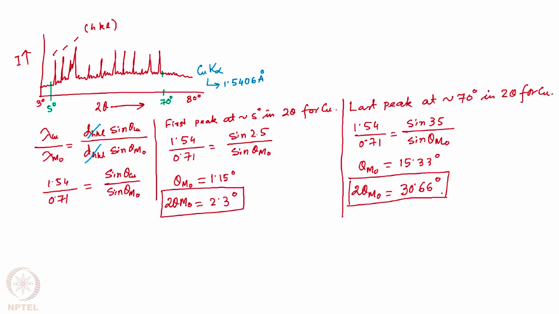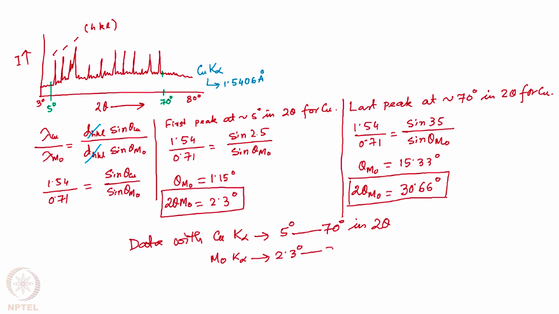So the data collected using copper K alpha spanned from 5 degrees to 70 degrees in 2 theta. But if we collect with Mo K alpha radiation, the same data would span from 2.3 degrees to 30.66 degrees in 2 theta.